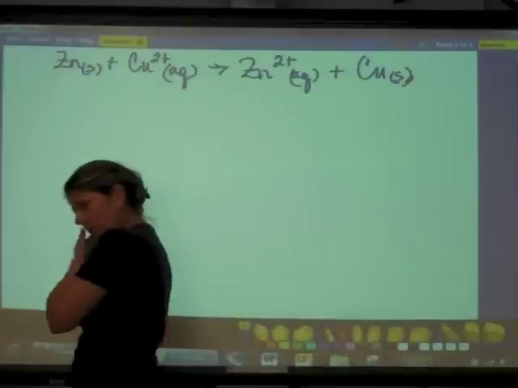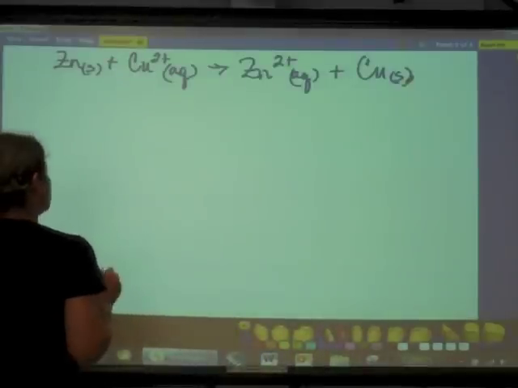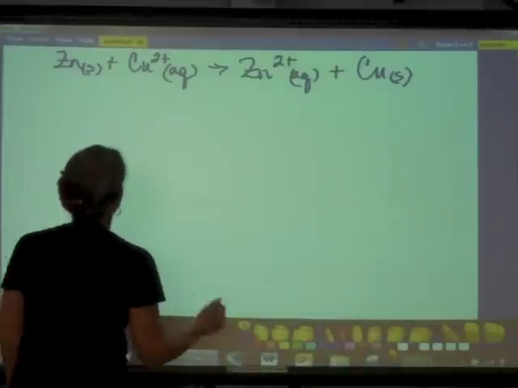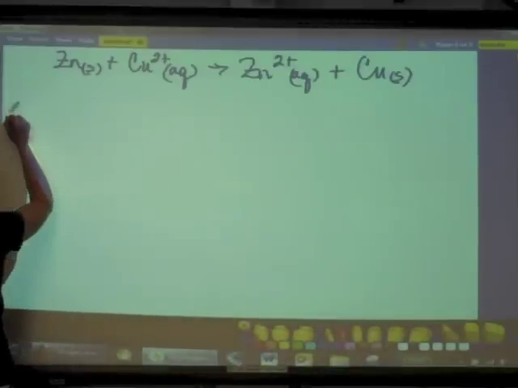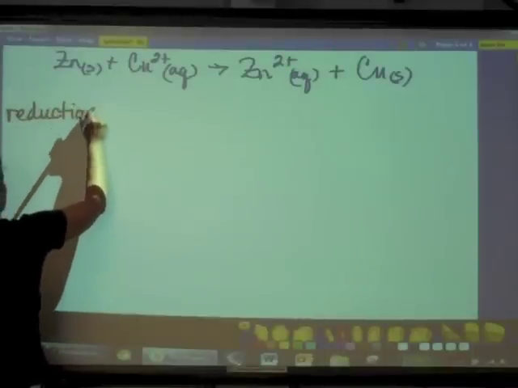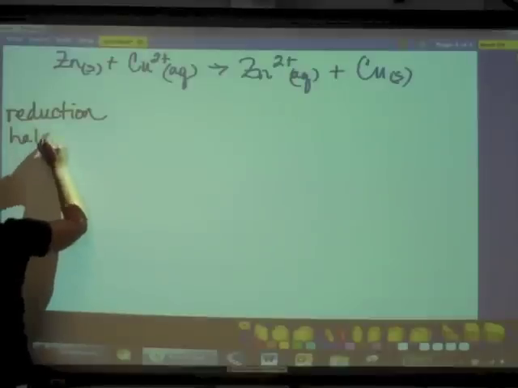Let's write the reduction half reaction.